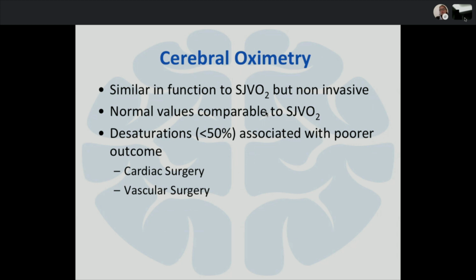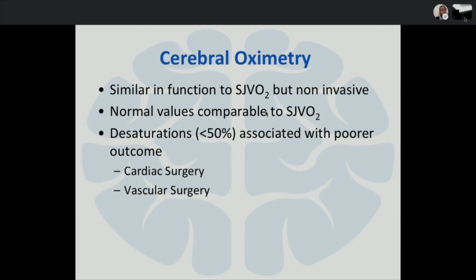The normal values are compared to the SJVO2. As we have seen, there are some limitations related to the extracranial contamination, as well as systemic issues, including the hemoglobin levels, the CPP, the microcirculation in the skin, etc.